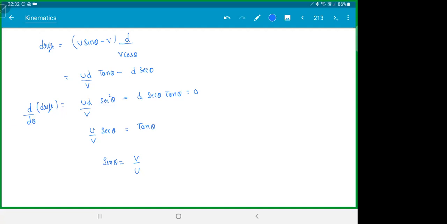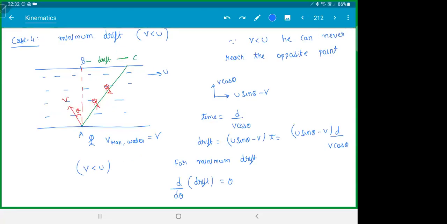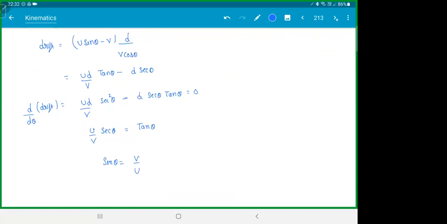Differential of tan theta, tan's differential is sec square theta. Where did I mess up?